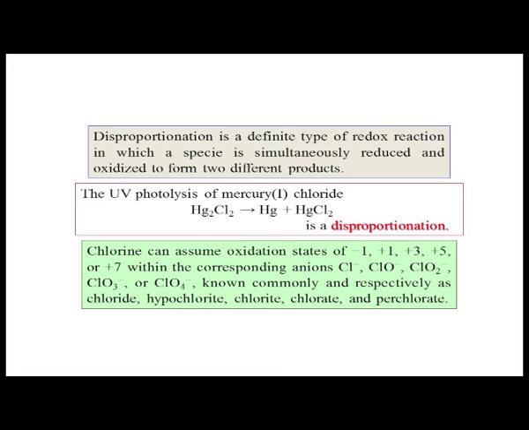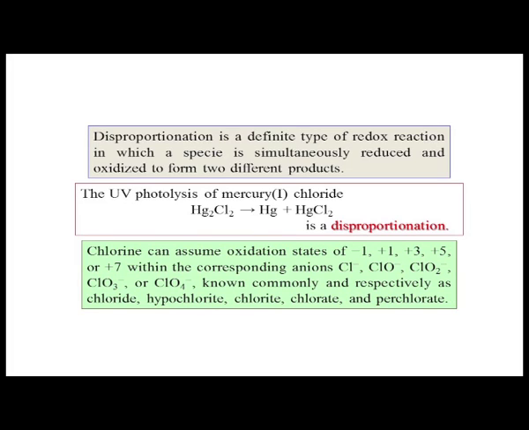On the right hand side, after this photolysis reaction, we get mercury in the elemental form, that is, mercury in the 0 oxidation state, and the oxidized form, mercury 2 chloride, which we call mercuric chloride.